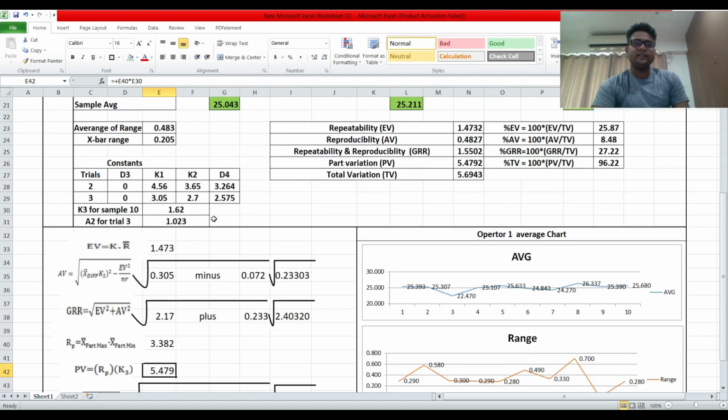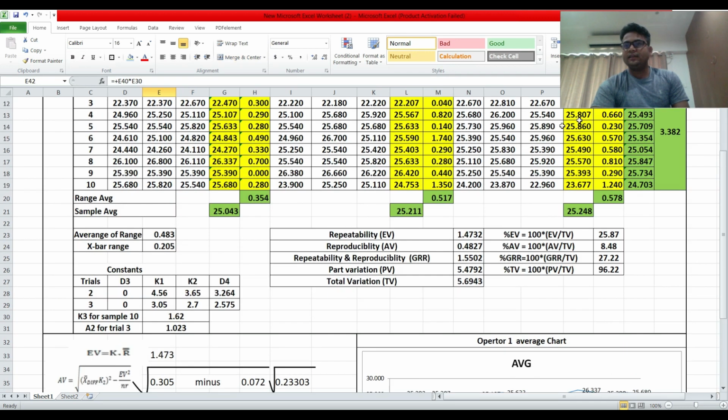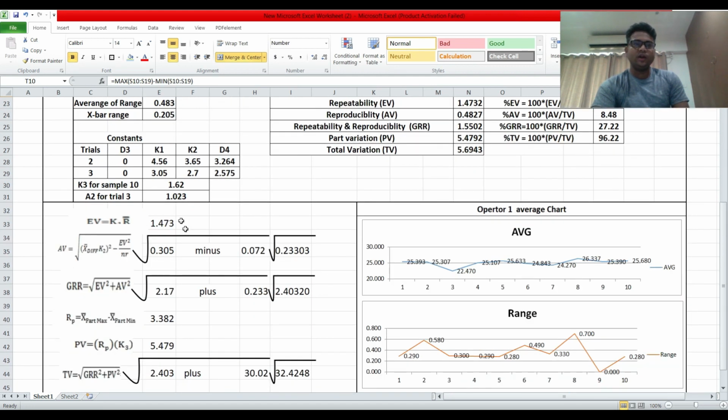K3 in this case for 3 trials is 1.62. So here 3.382 into 1.62 will be equal to 5.479. This is the value of PV, meaning part variation.